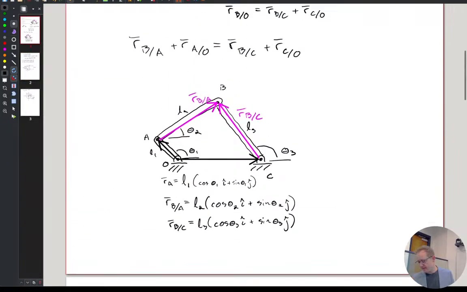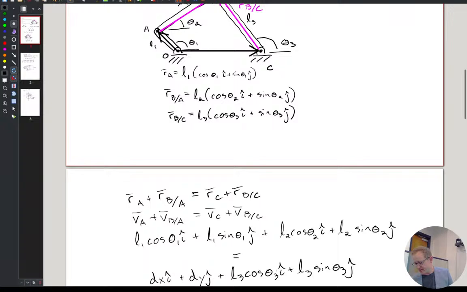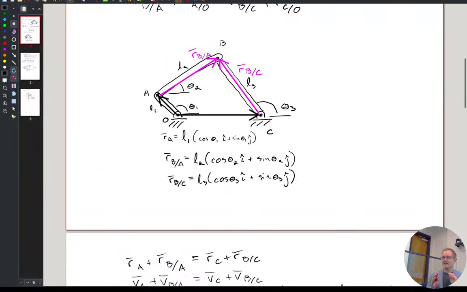Because we went through the effort of saying, hey, look, this is a relative A to O. This is a B to A. So if this is how you're saying, okay, here's the 4-bar linkage, here's my crank arm, my rocker arm, my connector arm, if you define it the same way, then this is always the same set of equations for it. So as long as you follow this step, and again, you could define the angles differently, but then you have to rederive to set up the equations.